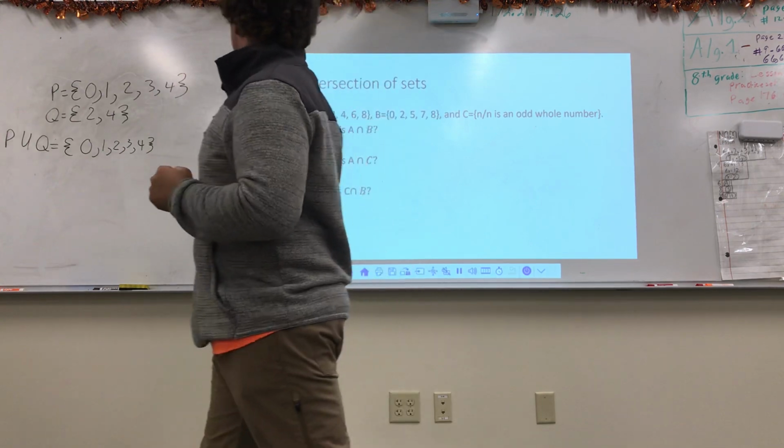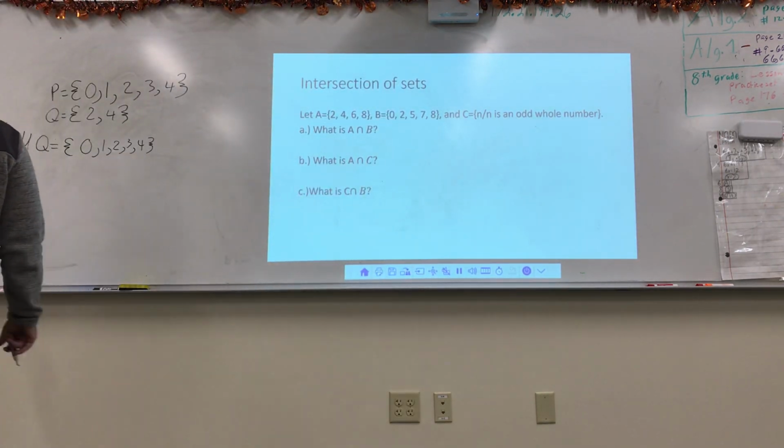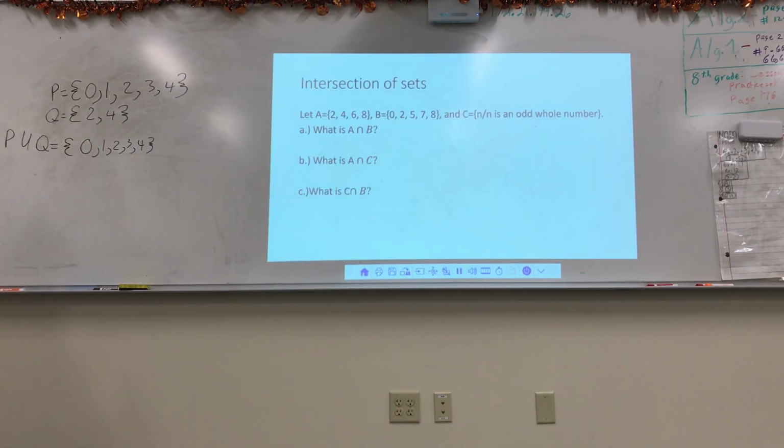Okay. What is A, and the upside down U, which would be your intersection. So what is A intersect B? Well, which ones do they have in common in this case?